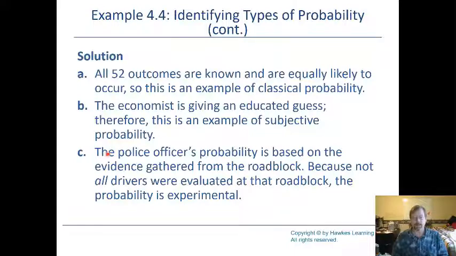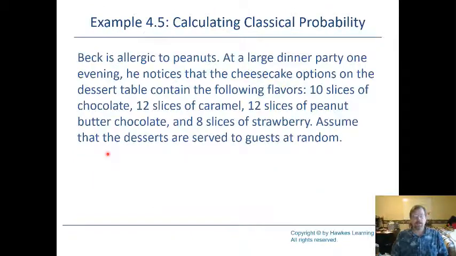Some people may have cut their trip short before the roadblock or taken an alternate route, whatever. So he can't evaluate all drivers. So the probability is experimental. Okay.